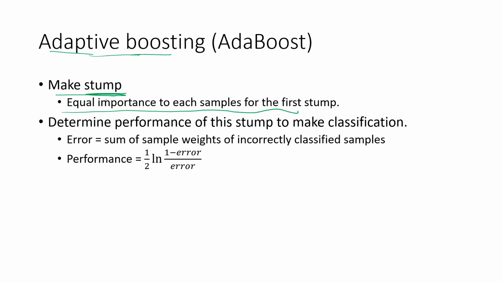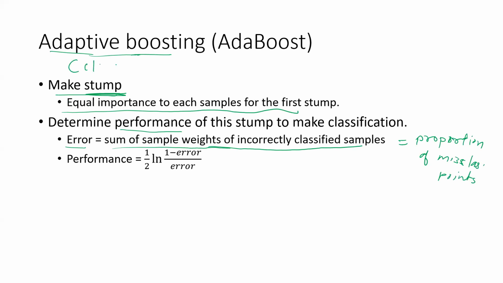Then we check the error of that stump, which is the sum of sample weights of incorrectly classified samples. It's just the proportion of misclassified points. AdaBoost is generally used for classification, and we will cover only the classification problem here.